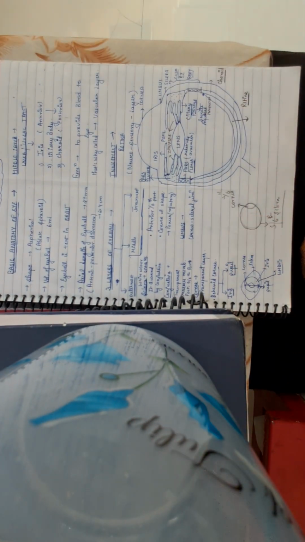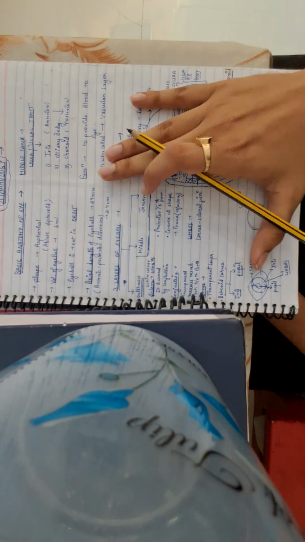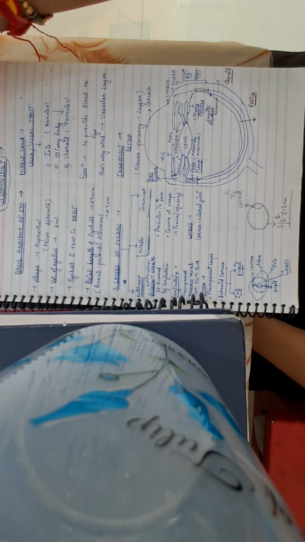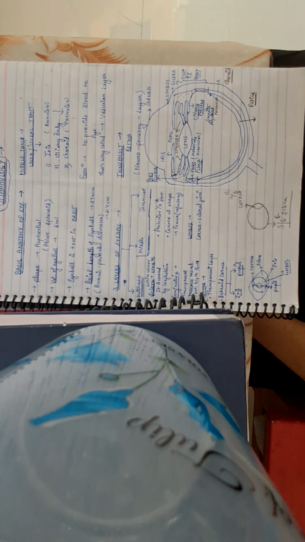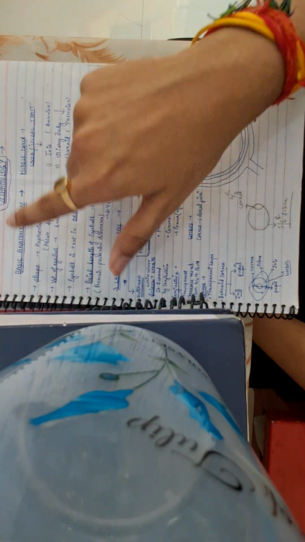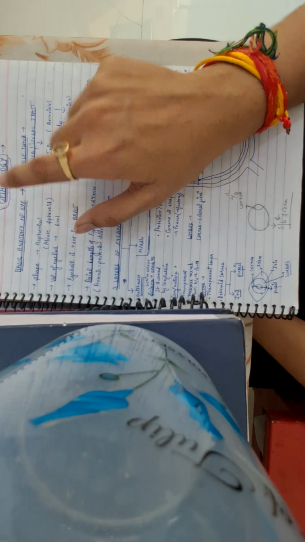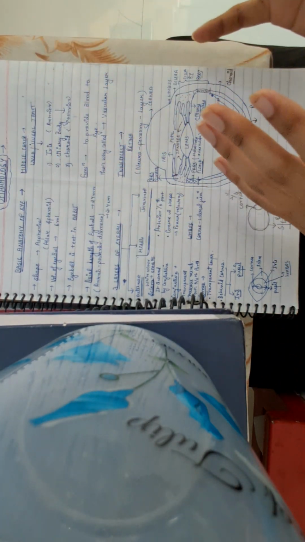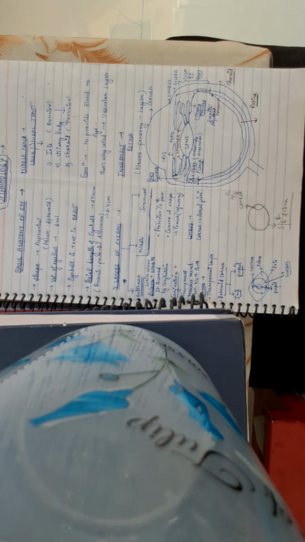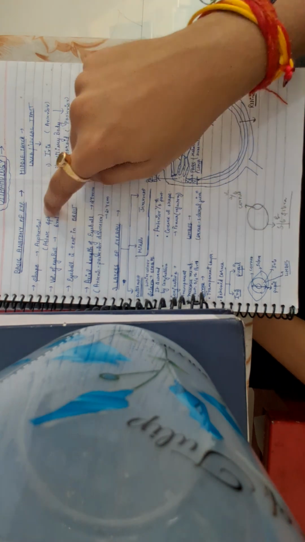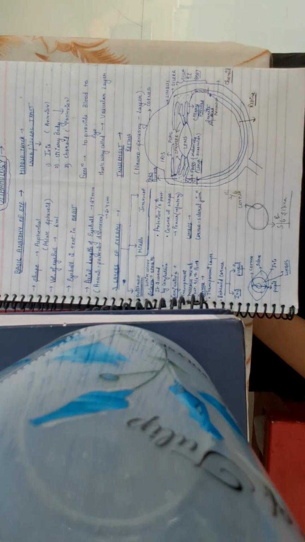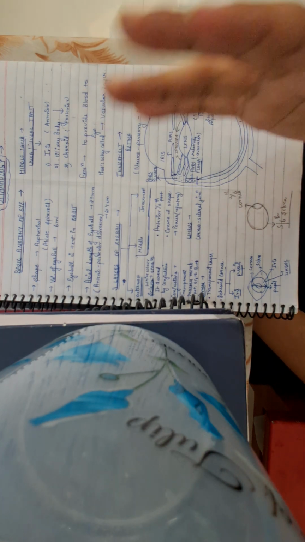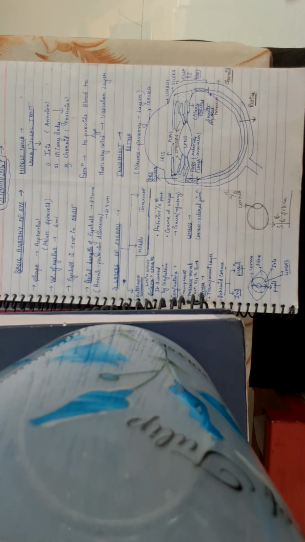So when I get into the notes, I would simply tell you that the anatomy of the eye, that is the shape of the eye, is aspherical. It's not spherical, it's aspherical. These things are not that important, but you have to remember the volume of the eye is 6 ml, and the axial length of the eyeball is about 24 mm.